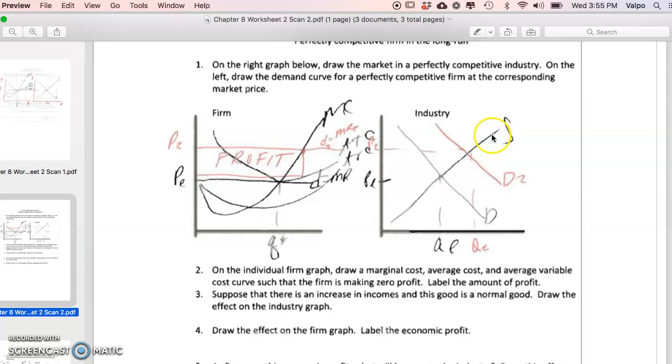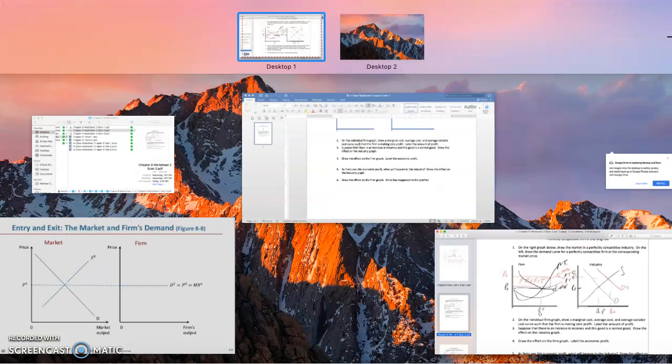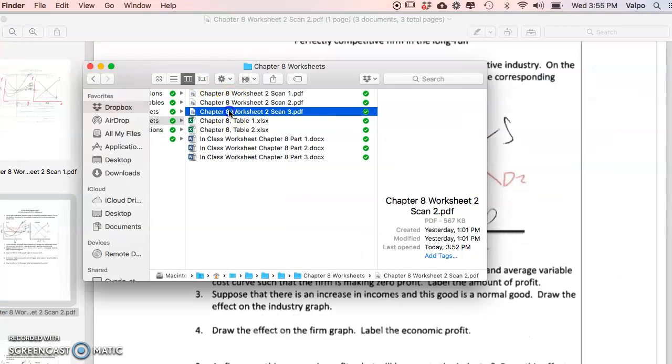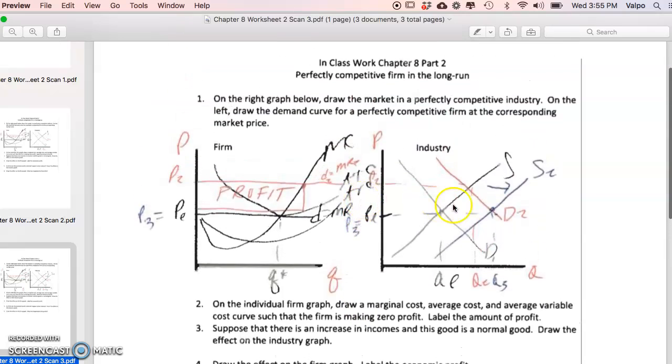So as firms see these high profits, they're drawn into the industry, and supply is going to shift to the right. So let me pull up my third scan here. Okay, we can see supply is shifted to the right, and I have been very careful to draw it so that the price is exactly the same as it was before, so that I just label the demand curve PE equals P3, D equals D3, and there we go.